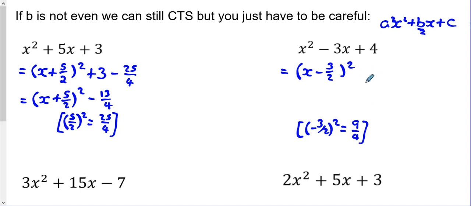And as I said, it's probably easiest to just keep this 4 and get rid of that 9 over 4 afterwards. So this is 16 quarters, taking off 9 quarters. So I'll end up with 7 quarters remaining. So that's in complete the square form.